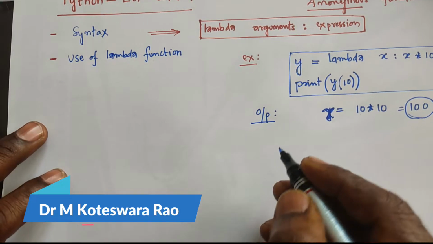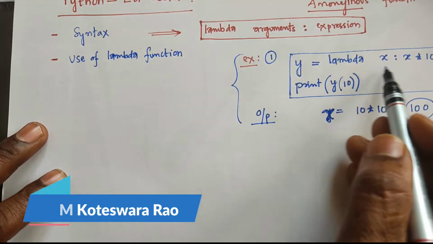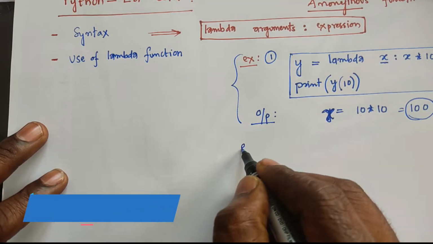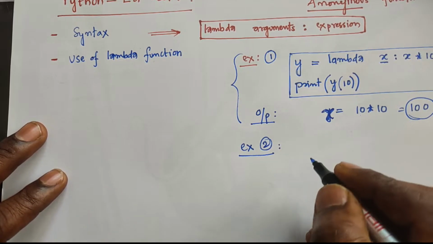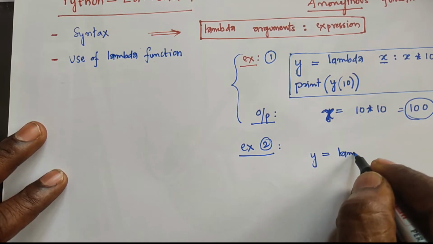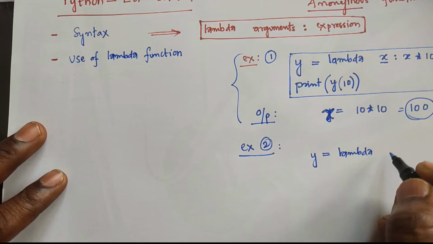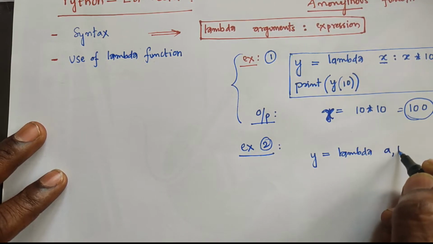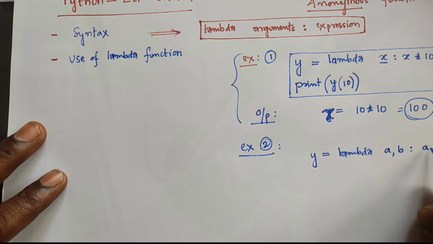Okay, one more example. This is actual example 1. So far I used only one argument, and in example 2 I am representing the function as y, and I am representing lambda a comma b colon a into b.